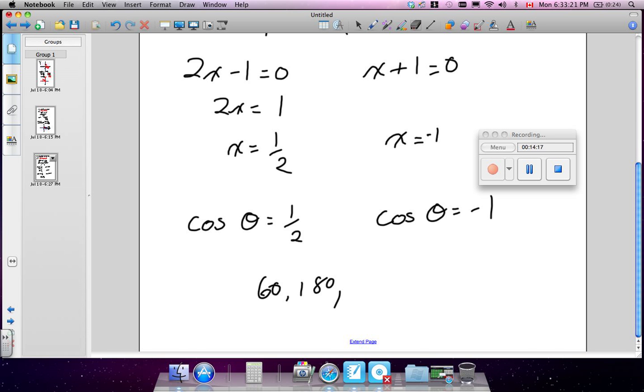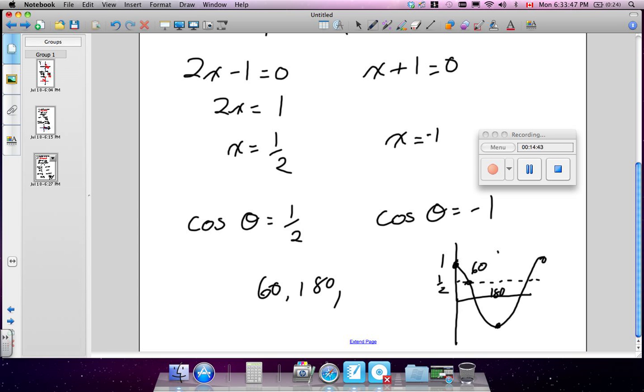Remember, the lines are symmetrical, so you know that our cos starts at 1, right? Comes down, touches negative 1 at 180. Here's the other option, half. So we have a half here, and we figured out that it's 60.